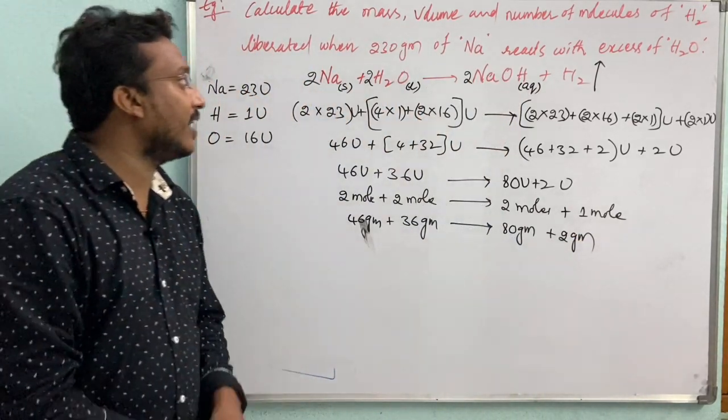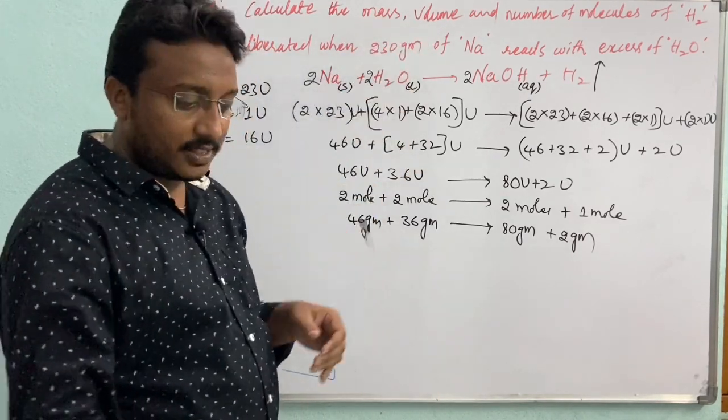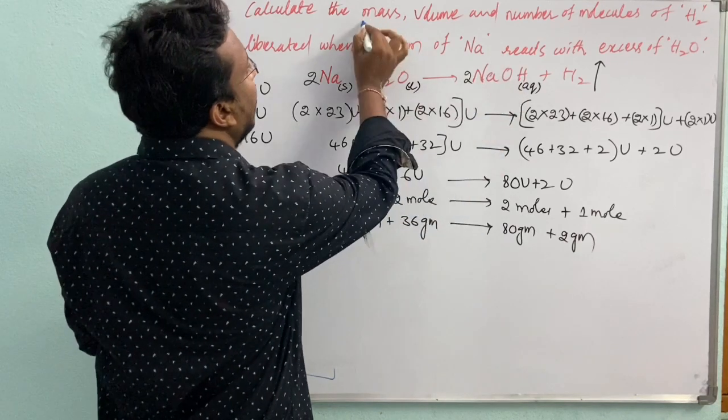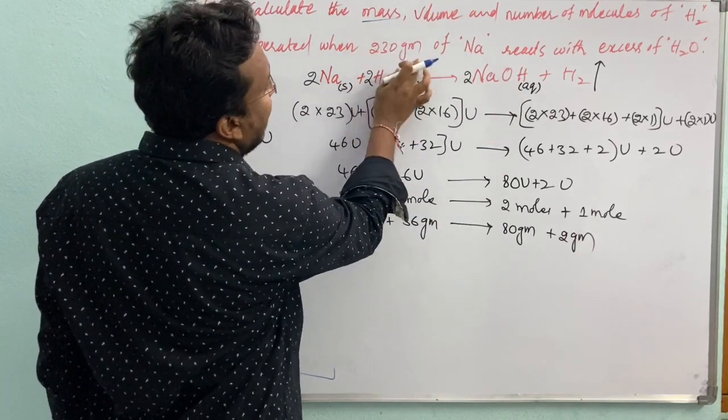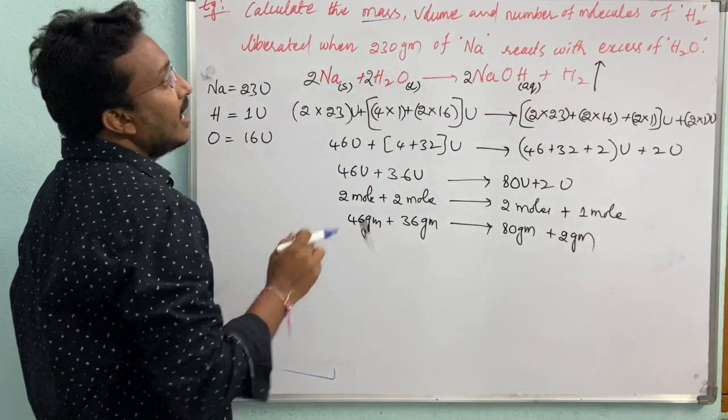Here we got it. Then the question is to calculate the mass. First we are going to find the mass: 230 grams of sodium reacts with water, right.